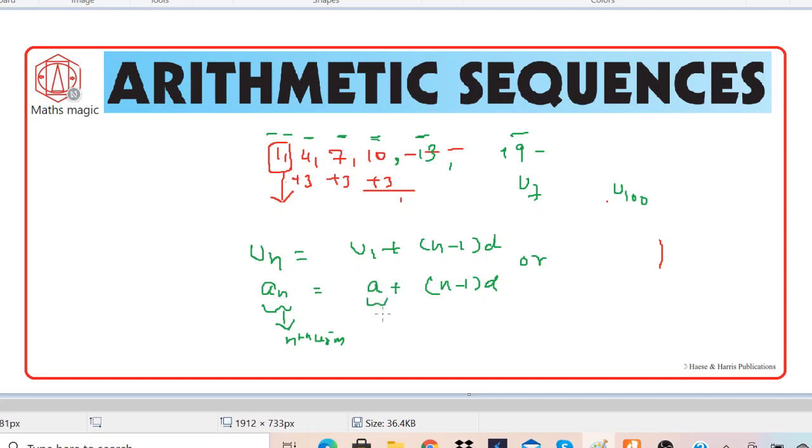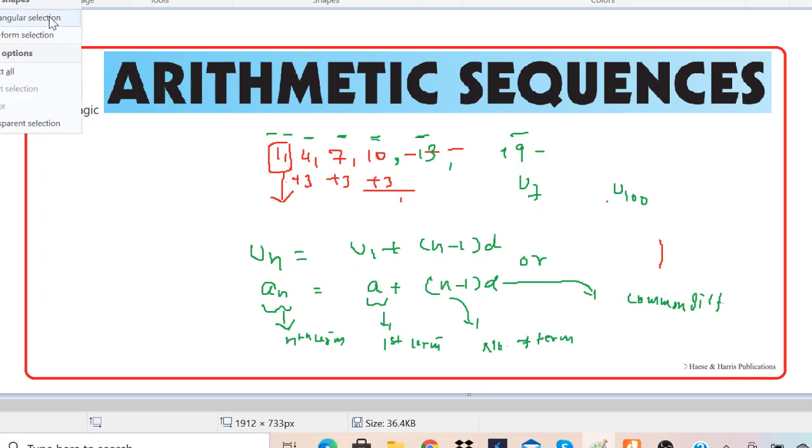This u1 or a represents the first term. n represents which term you are looking for, the number of the term, and d over here represents the common difference. We can see the use of this formula.